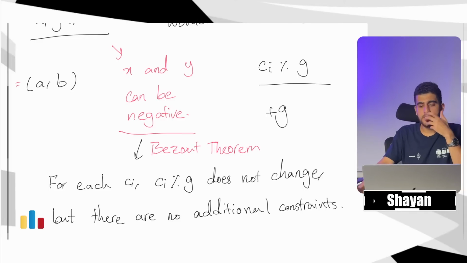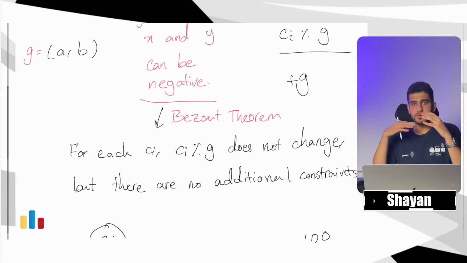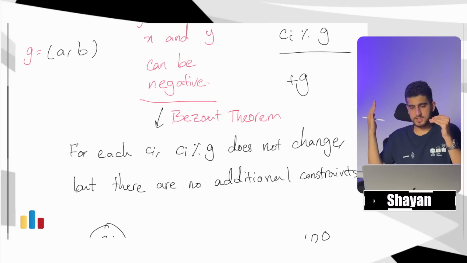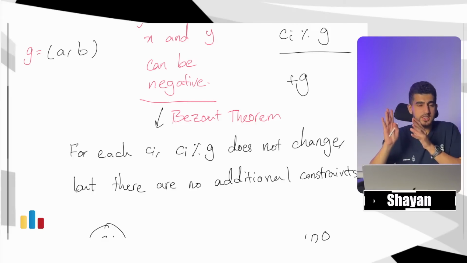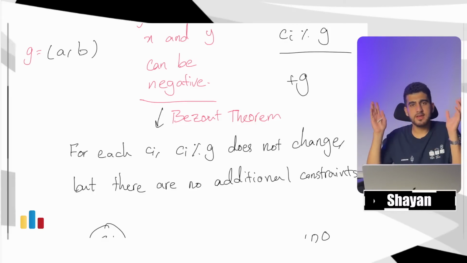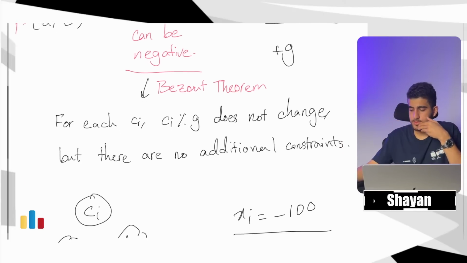Modulo G, nothing would change. But there are no additional constraints, because we can make every multiple of G. So modulo G, it must not change, but everything else is okay. We do not need to worry about anything else.